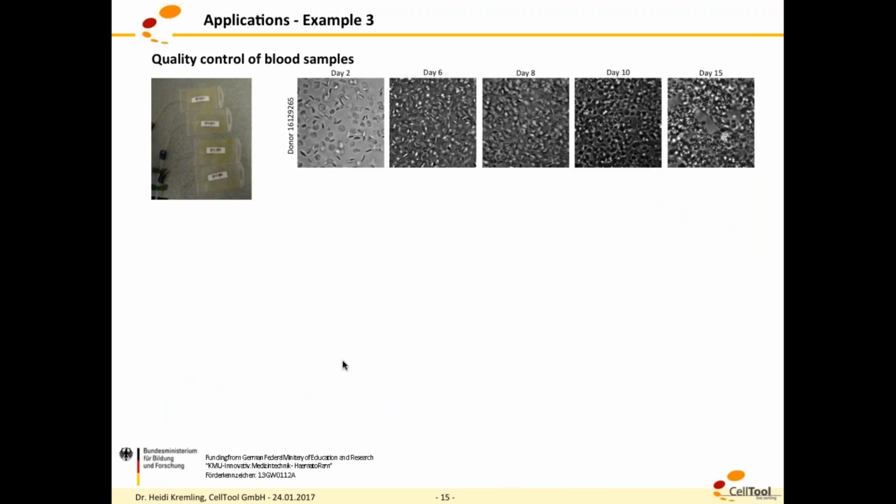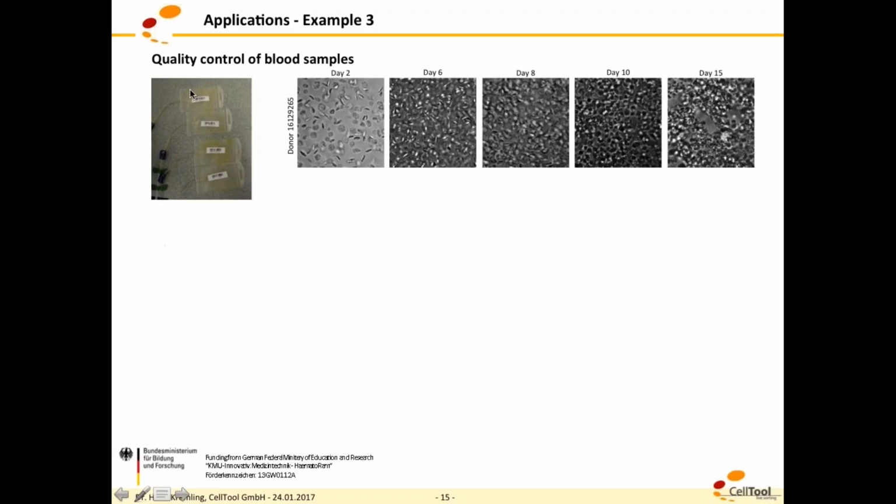In the next experiment, I want to show you some of our first data of our current project in which we want to improve the quality control of blood products by providing a faster, easier, and really highly reliable test for quality control of each and every blood product. What you see here are thrombocyte samples.